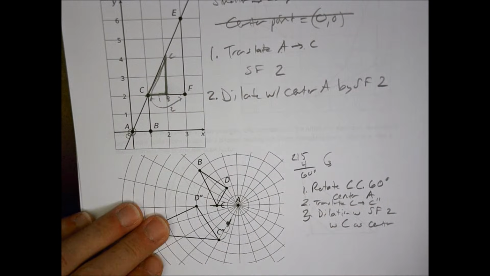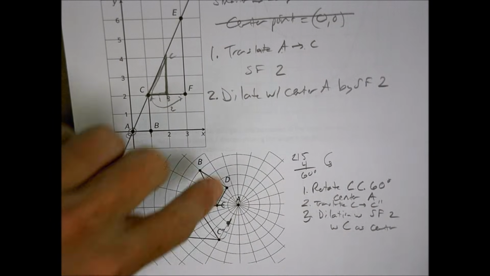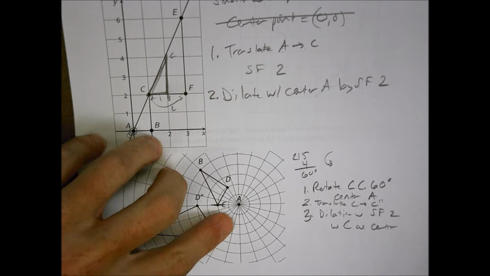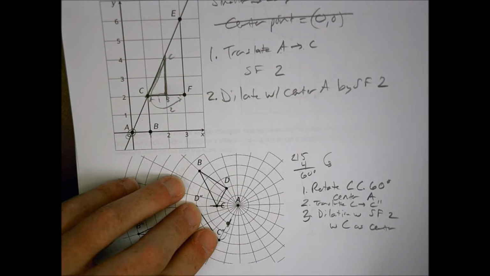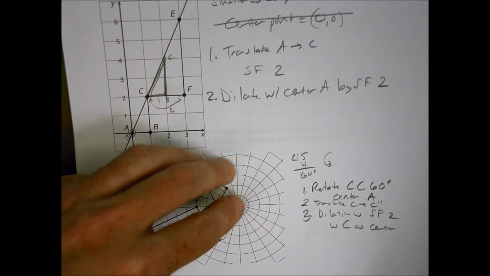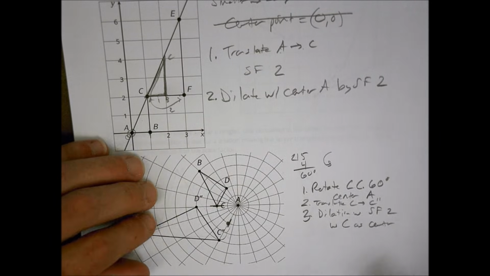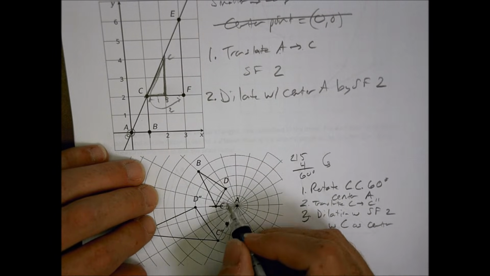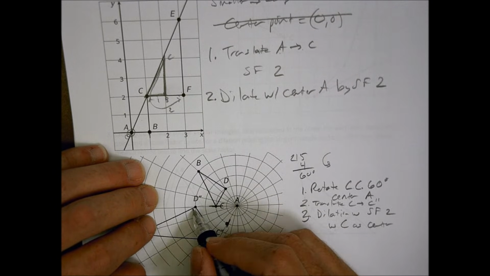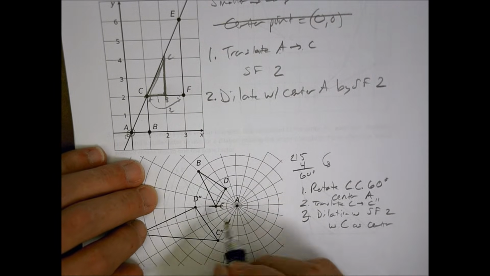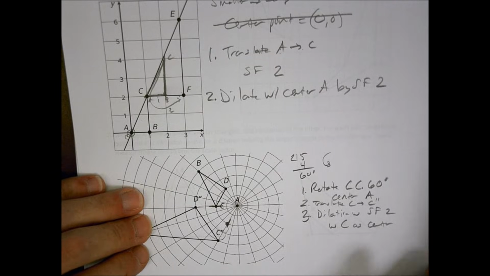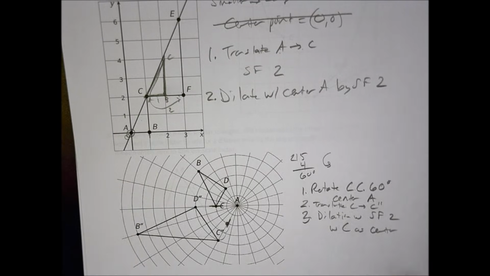Are there other ways? There are, to get from there to there. The idea is you've got a rotation, then you translate it so it snaps in place, and then you do your dilation. If you wanted to rotate it and then get D to that spot and then say D to D and then scale factor of 2, no problem. So they all work. It's up to you what you see and what you want to do.